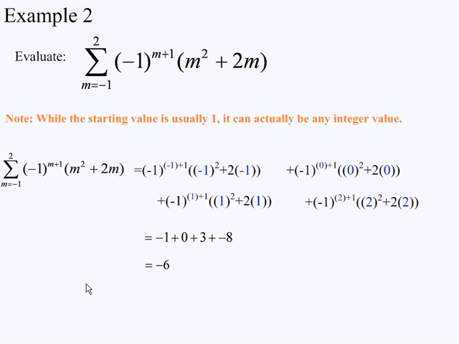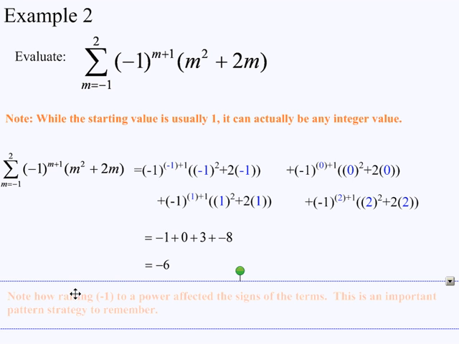One more thing I want you to know is that raising negative 1 to a power affected the signs of the terms. This is an important pattern strategy to remember. So, see how it goes from negative to positive to negative, and if we were to extend this series, you would see that that pattern repeats.